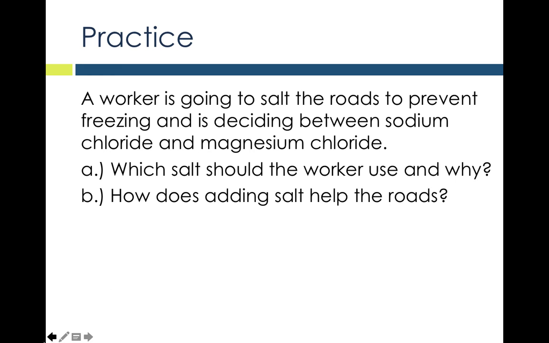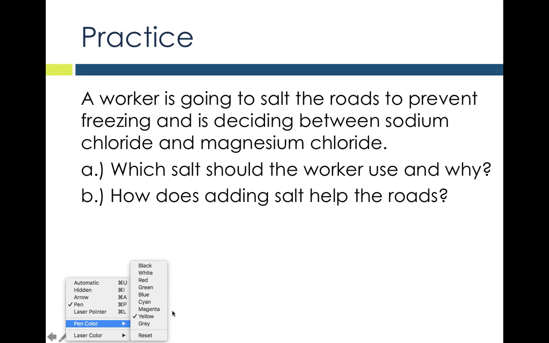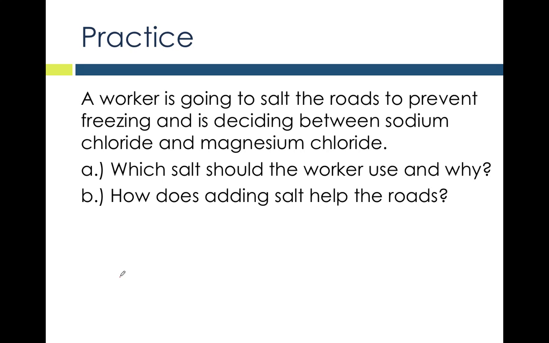So let's first figure out which salt the worker should use. He's trying to decide between sodium chloride and magnesium chloride. Let's first figure out the formula for each of these. Sodium chloride, we know, is Na+ and Cl-, which means our formula is NaCl.